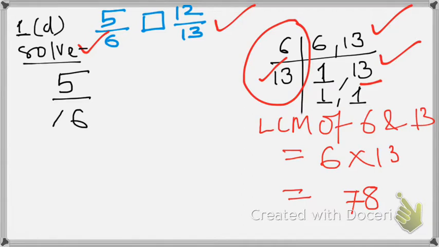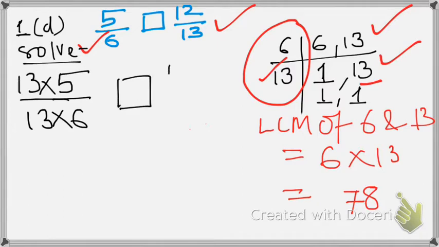So to make 78, we'll multiply 6 by 13. So we need to also multiply the numerator by 13. Here 12 by 13. To make 78, you will multiply by 6 here, so you will also need to multiply the numerator by 6.